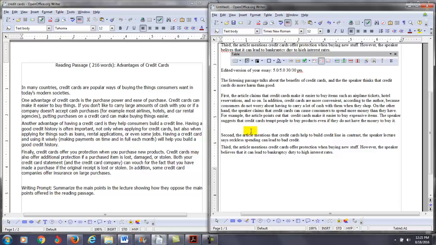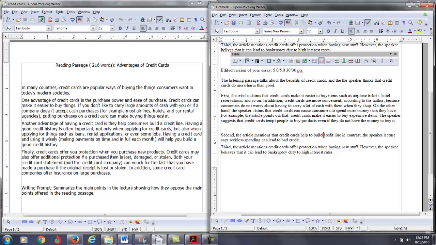So you say second, the article mentions that credit cards help to build, they help, and you have, okay, let's take a look.